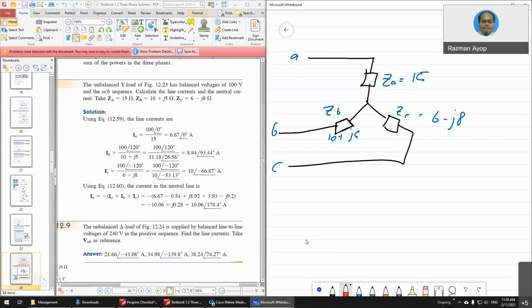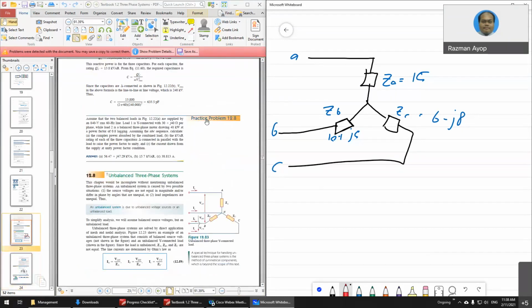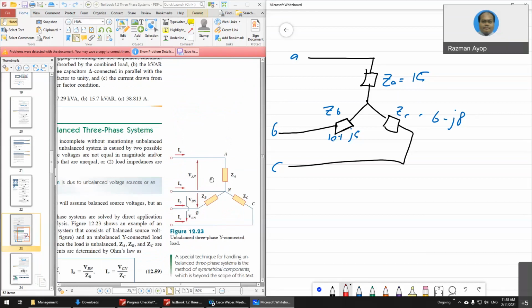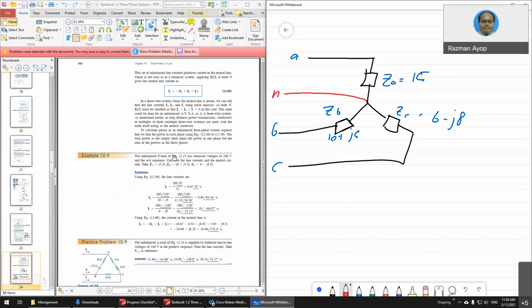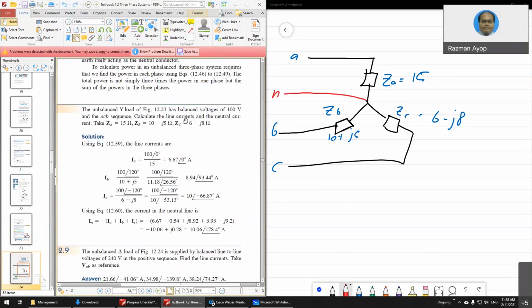If we look at figure 12.23, you can see here they have a neutral wire. So if you have a neutral wire, it is much more easy. So this is neutral, and this one has a balanced voltage of 100.